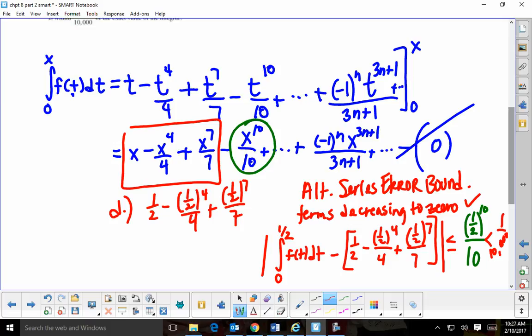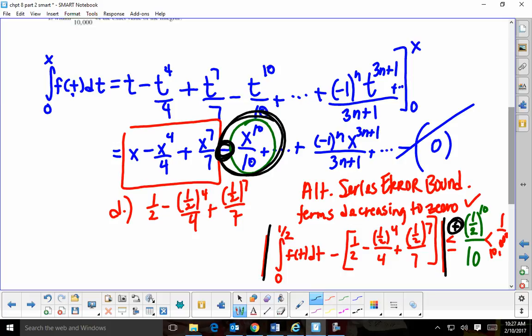Oh, okay. Really, really good question. I'm so glad you brought this up. So he says, hey, that's actually a negative, right? That's such a good question. So he says, why am I not putting a negative here? Yeah, because I'm talking about the error of the absolute value. So the absolute value here makes that go to a positive.